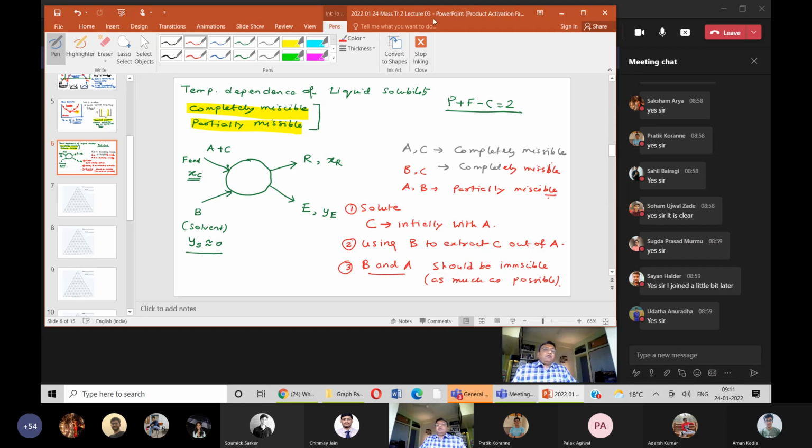Now I would like you to do a degree of freedom analysis for such a system. So you have C equal to 3 here. What is going to be the number of phases? Okay, let us simplify the discussion for the time being.